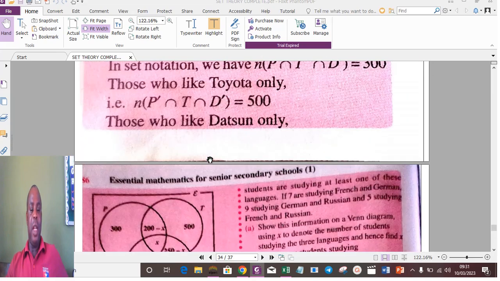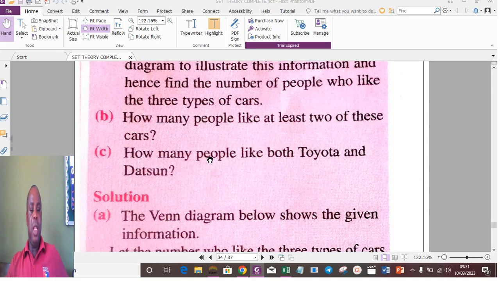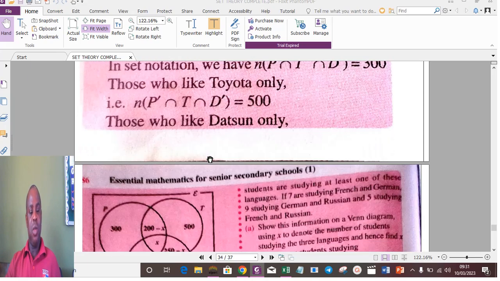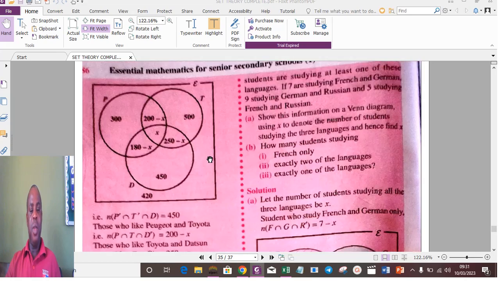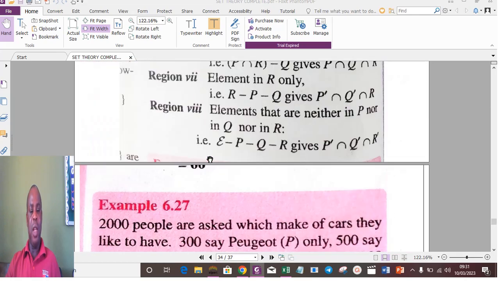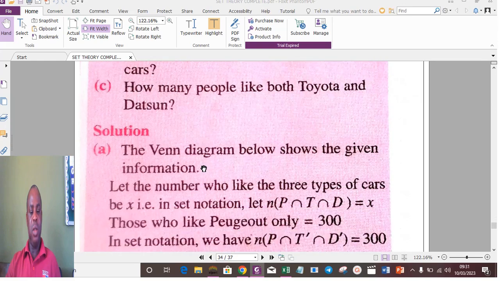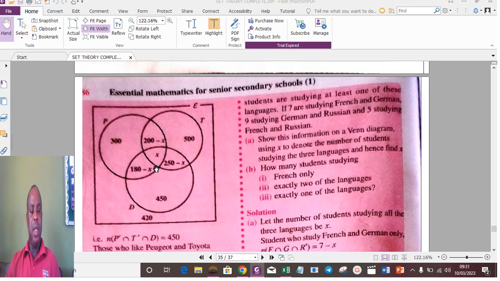Then let's now look at the last question here. The last question says, how many people love both Toyota and Dasun? That one is straightforward now. You come here, both Toyota and Dasun. Okay, where is the question? Toyota and Dasun. This is Toyota and Dasun here.